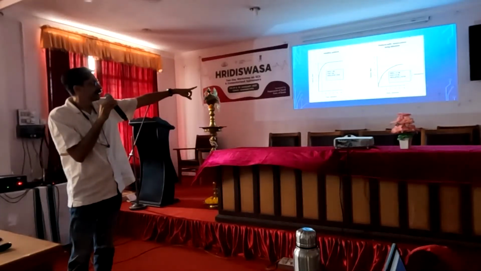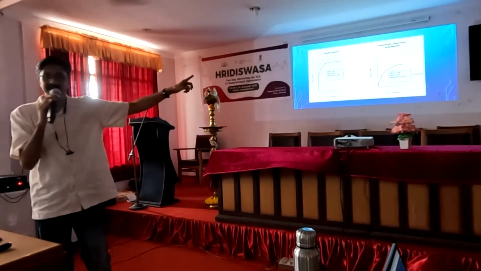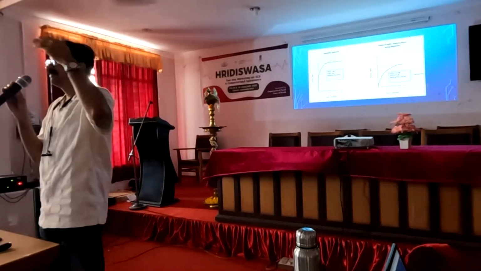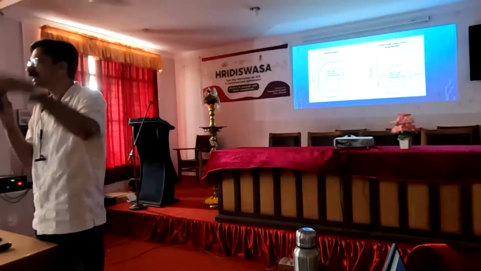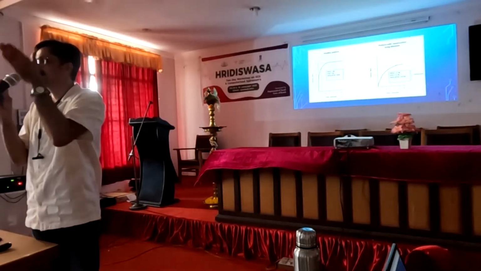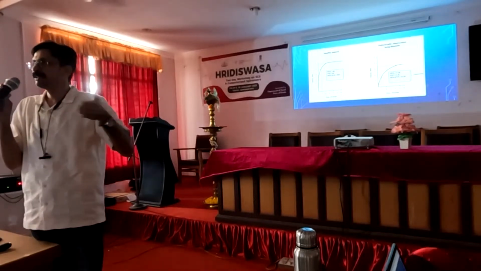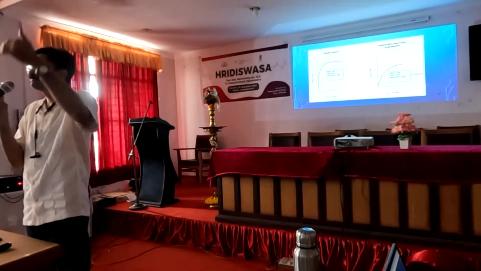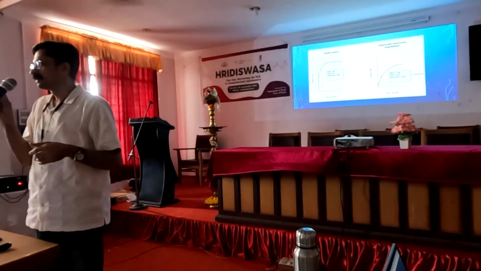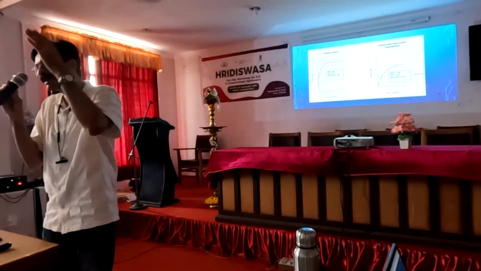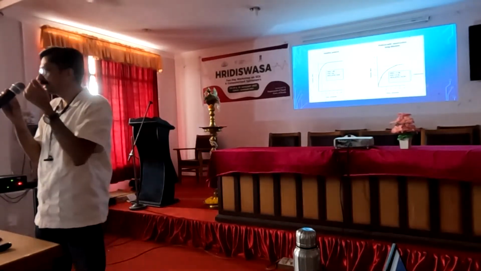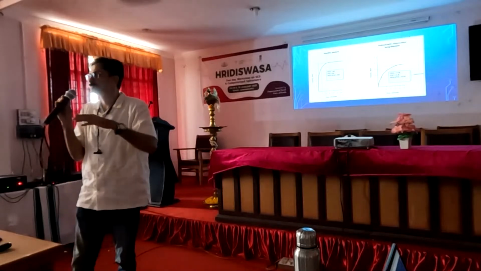Then FEV1 is the air flow rate that we are assessing. At the end of the first second, compared to the forced vital capacity, FEV1 is very less. Clear? FVC is already reduced, and compared to that, FEV1 is also reduced.